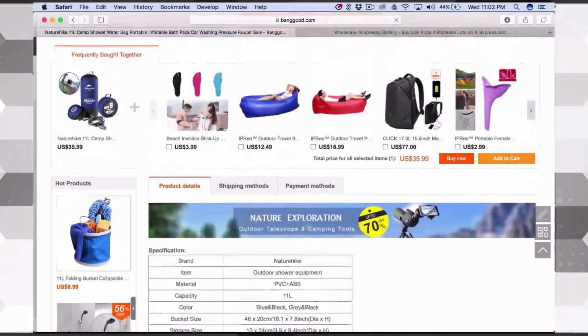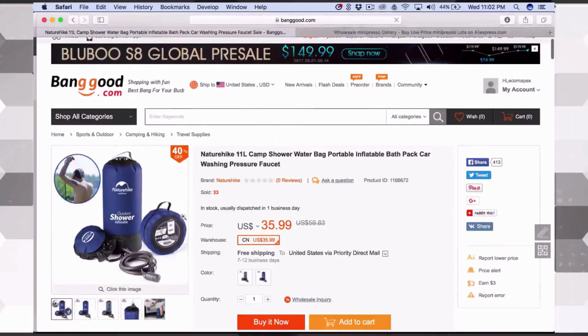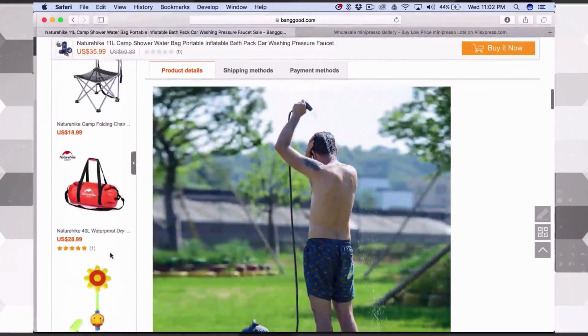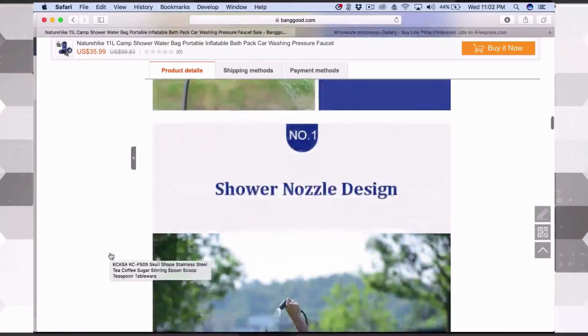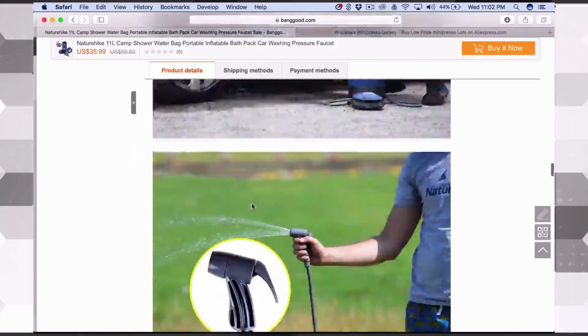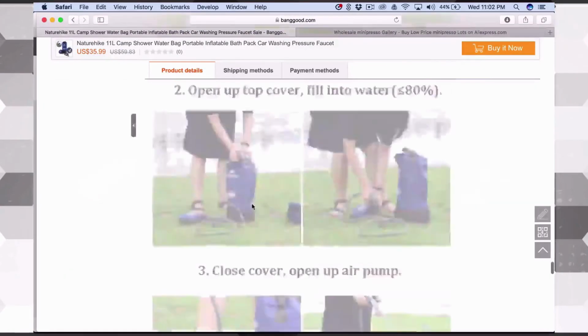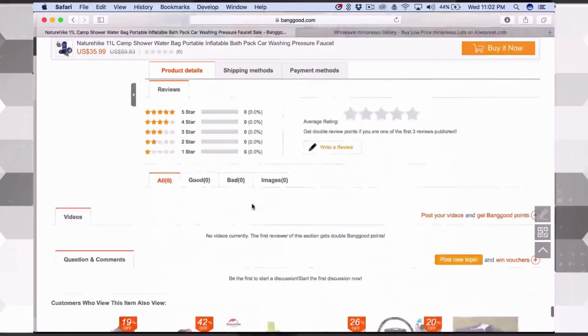So another thing you guys want to be aware of is when you scroll down on these pages, always look for hot products, or look for products that are complementary to the initial product. So after all these pictures, scroll down here, they have some really high quality pictures too, which is awesome, because AliExpress sometimes does not have good pictures at all.